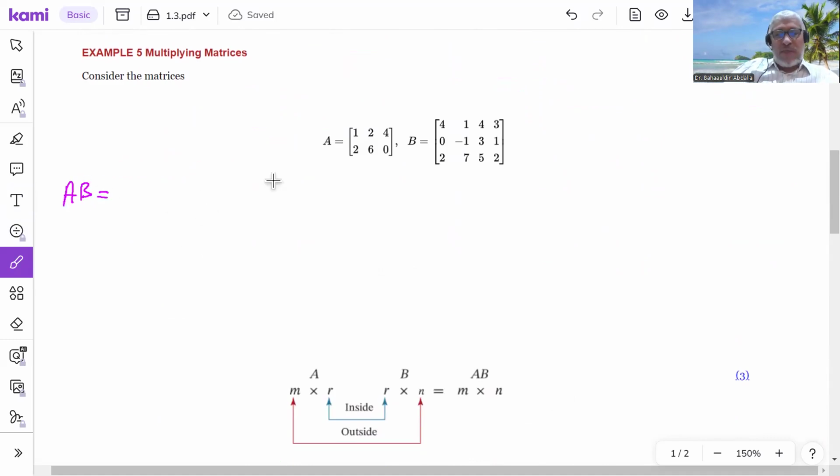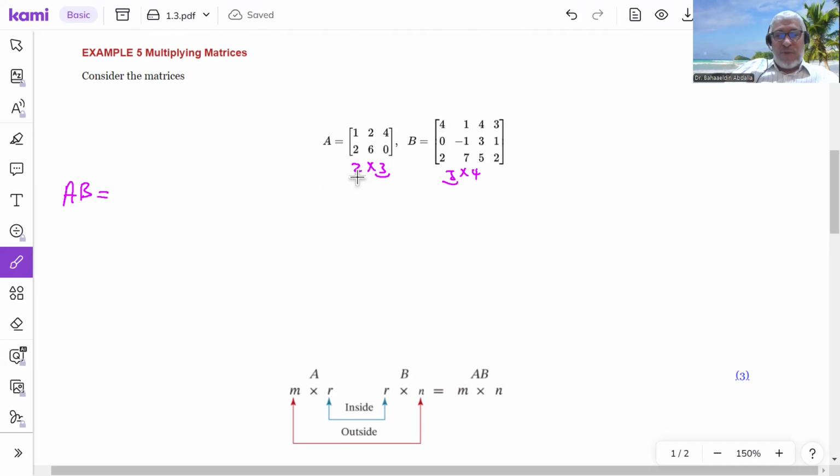because the size of A is 2 rows, 3 columns, and the size of B is 3 rows, 4 columns. So we have 3 columns in A and 3 rows in B. So we can find the product. We can perform the multiplication.